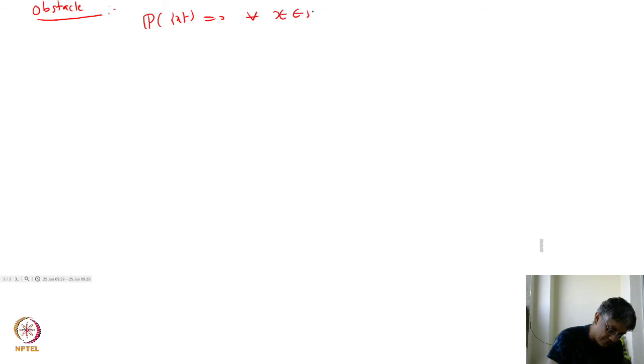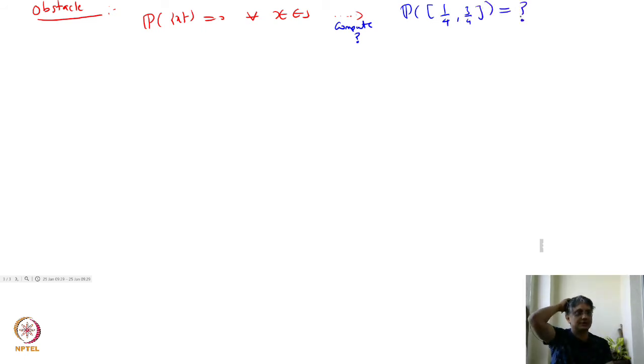This we know. Now from this, how do I compute the probability that the chosen point is between, let's say, 1/4 and 3/4? How do I compute this?